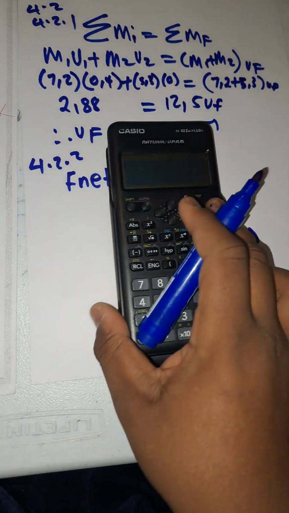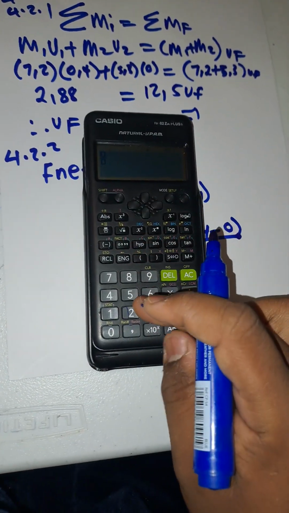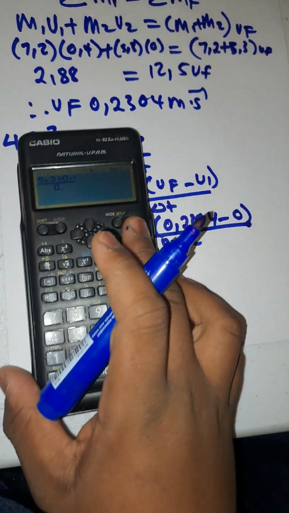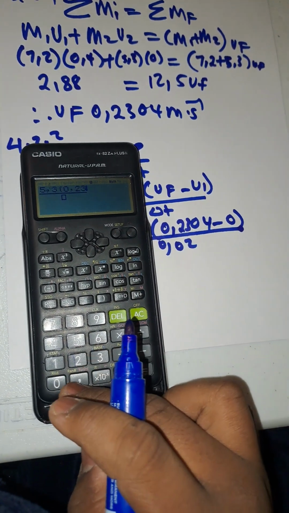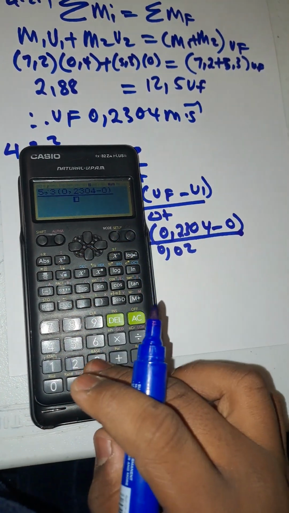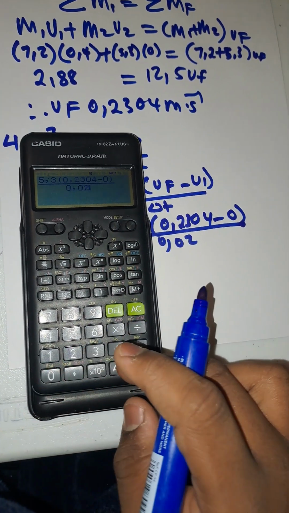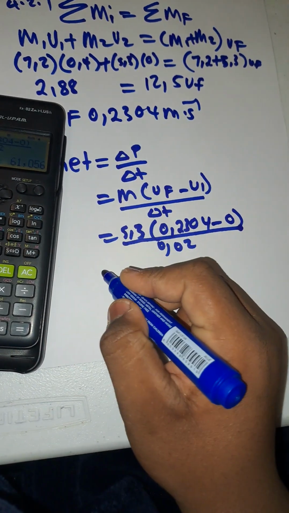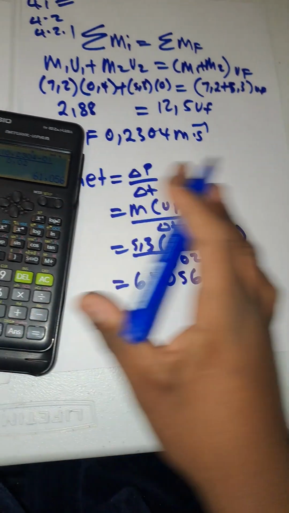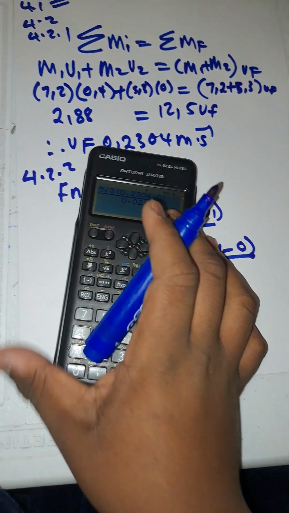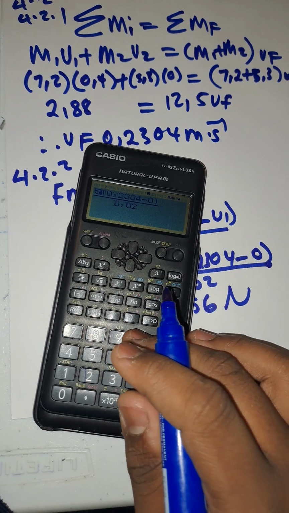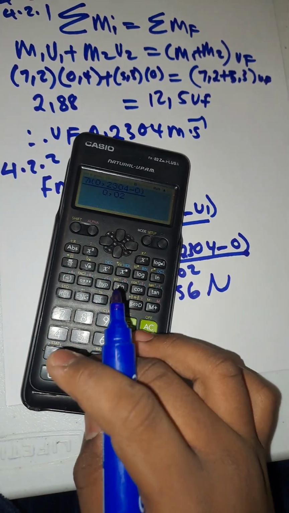The time was 0.02. Take out your calculator, just say 5.3 times 0.2304 minus 0, over 0.02, is equal to 61.056 newtons. You see, that's how you simply do it. Or you can use the other one. Let me show you. I'm not going to write it, so you can use 7.2.